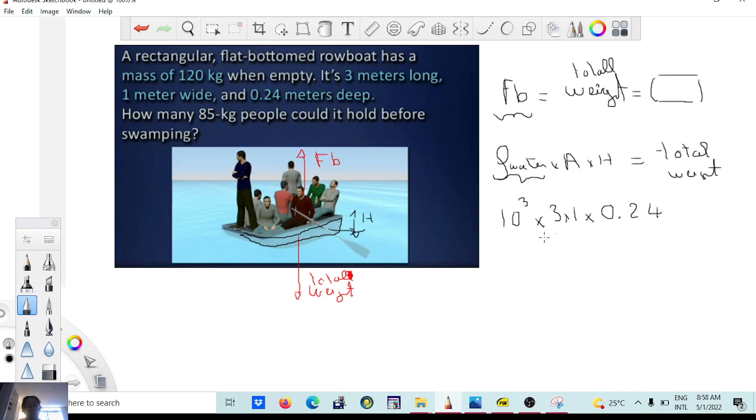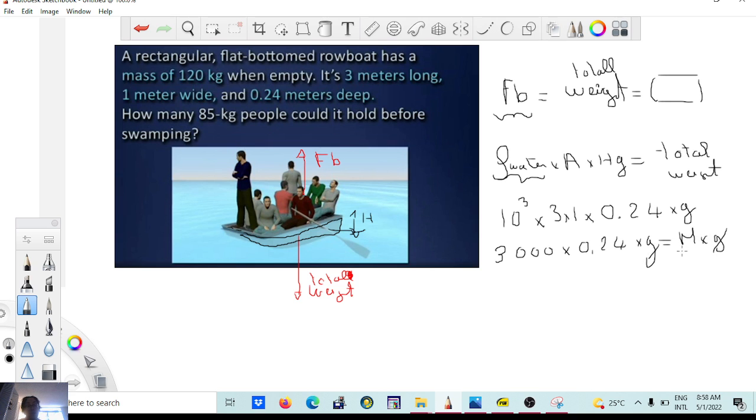That's going to be 3,000 times 0.24, times g. The weight, mg, is going to be the total mass times g.